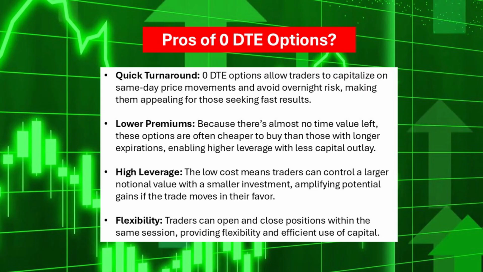The high leverage is also a pro. The low cost means traders can control a larger notional value with a smaller investment, amplifying potential gains if the trade moves in their favor. And they're flexible. Traders can open and close positions within the same session, providing flexibility and efficient use of capital.